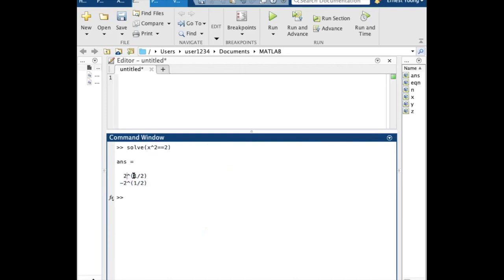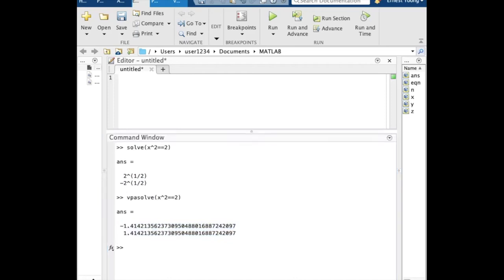This 2 to the power of 1 over 2 means the square root of 2. But if you want to get decimal places, just use vpa, solve. We type the same thing again. So the answer will come up in decimal places. See here, cool. Right.